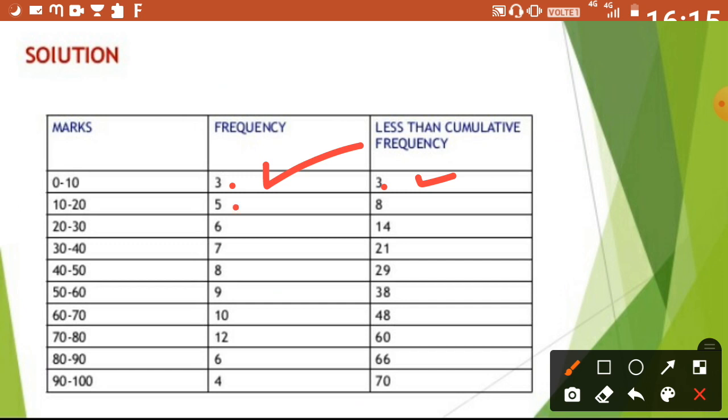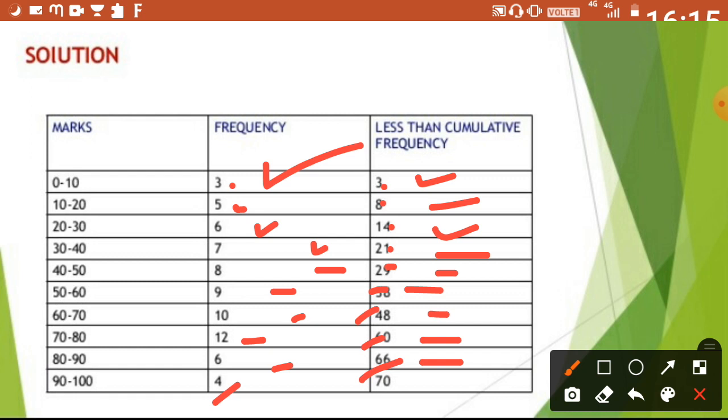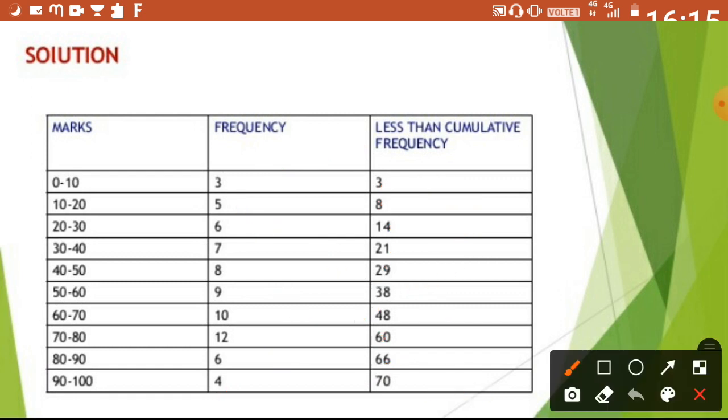So 3 plus 5 is 8, then 8 plus 6 is 14, then 14 plus 7 is 21, then 21 plus 8 is 29, then 29 plus 9 is 38, then 38 plus 10 is 48, then 48 plus 12 is 60, then 60 plus 6 is 66, then 66 plus 4 is 70. I hope you got it how to find the less than cumulative frequency. You just have to add on the upcoming frequencies.